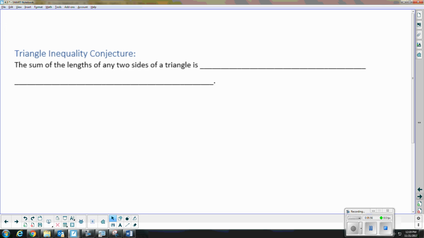All right, so we've got a triangle inequality conjecture.